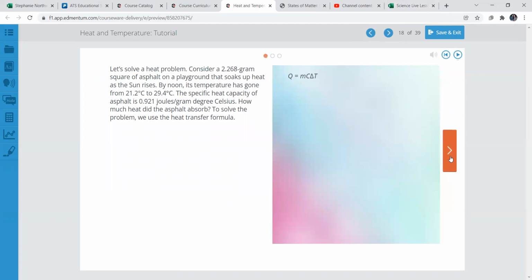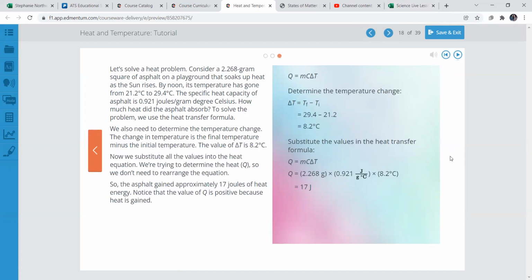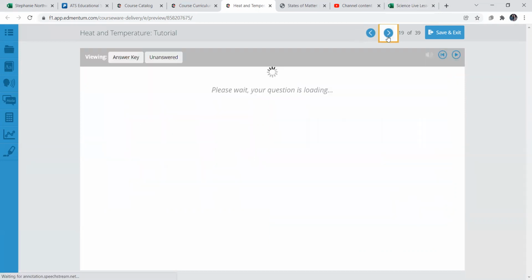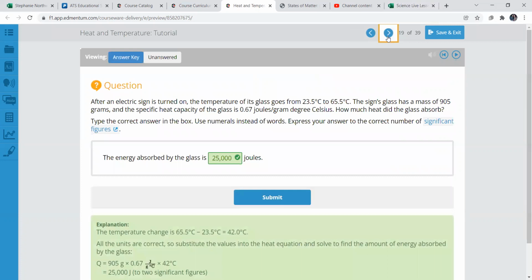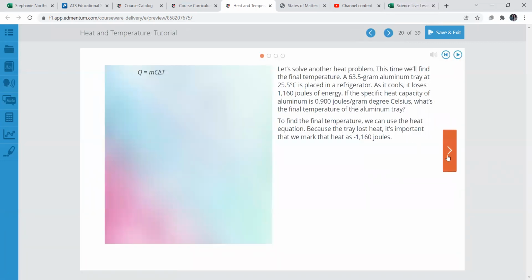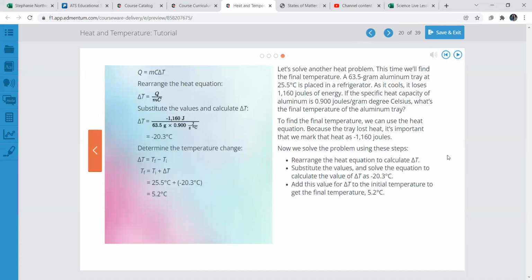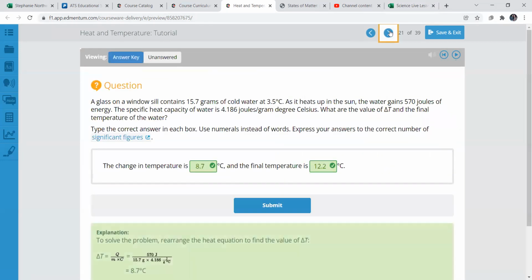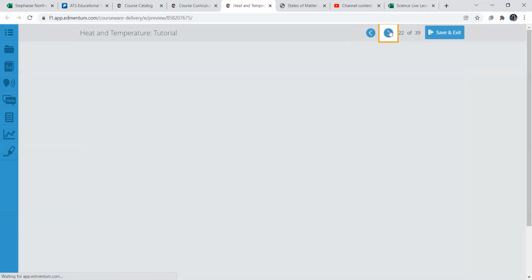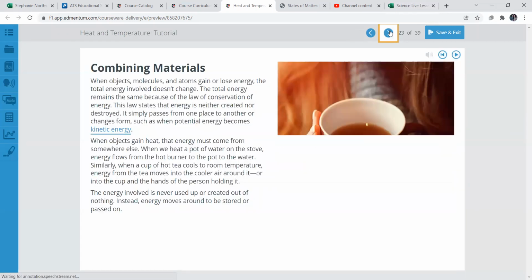Calculating temperature. Okay, this just goes over a couple equations and stuff like this. Okay, gives you a couple other equations. Combining materials.